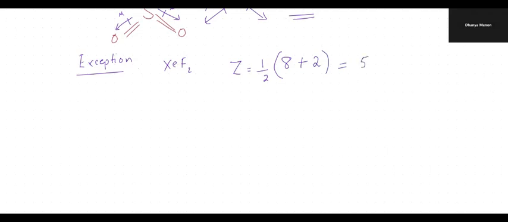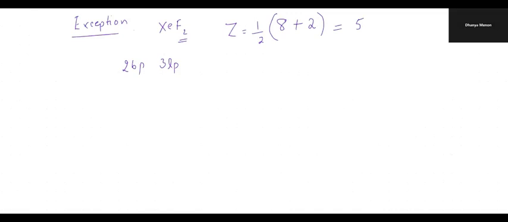Okay. So out of 5, 2 electron pairs are used to form the bonds. So there are 2 bond pairs and 3 lone pairs. We just want to know how many lone pairs are present. So here xenon is trigonal bipyramidal.